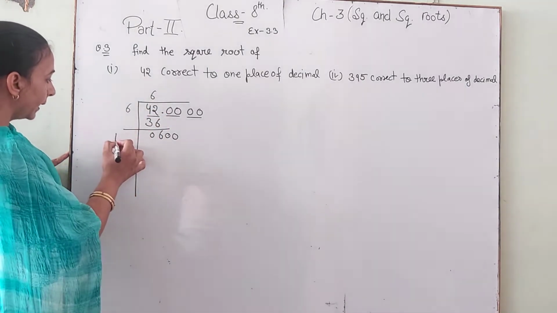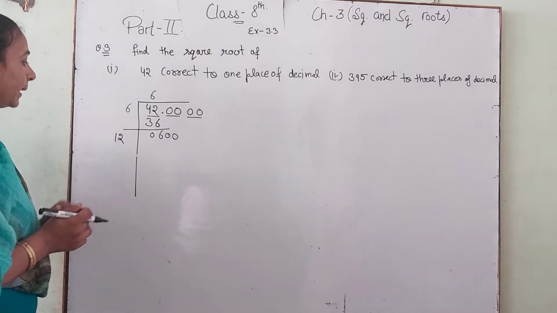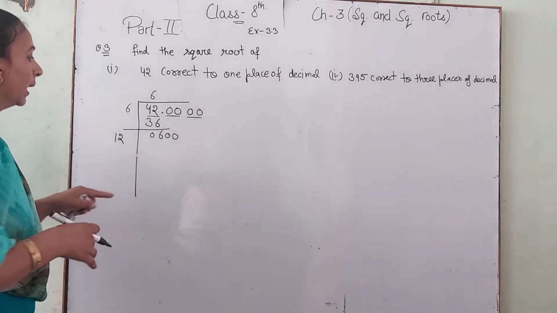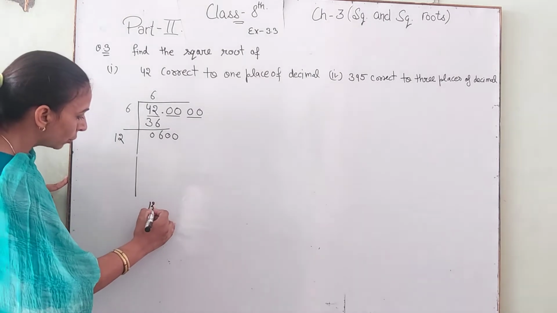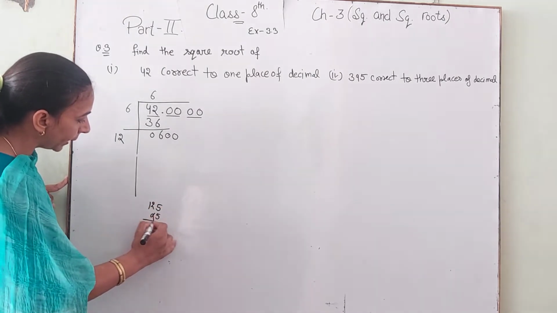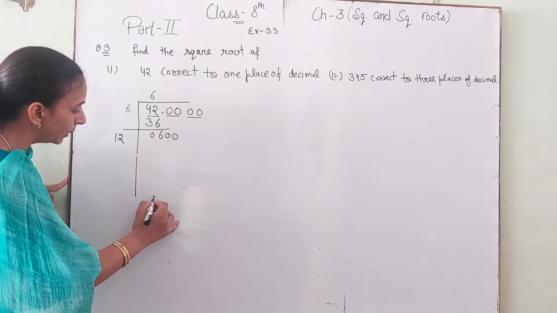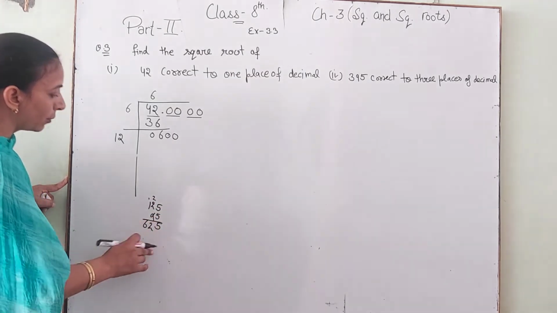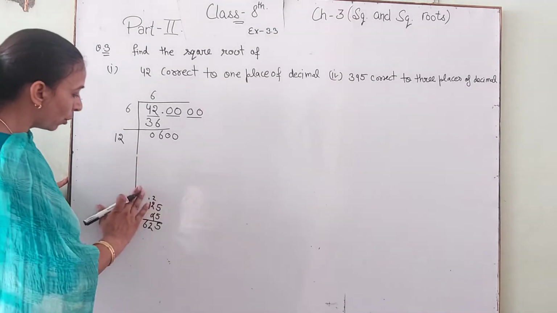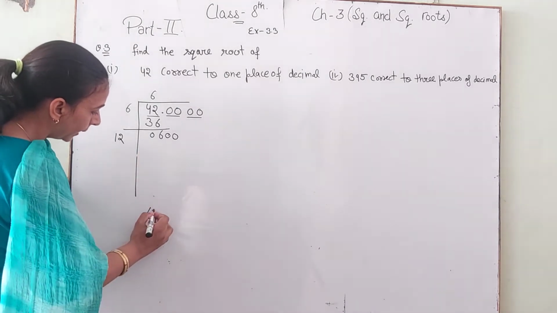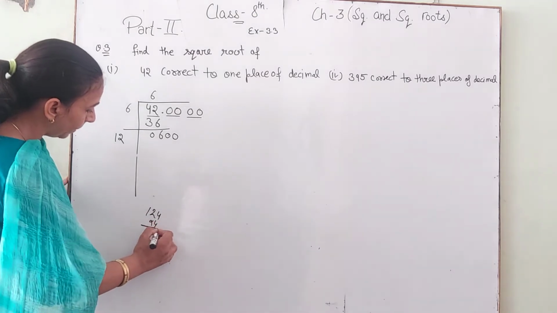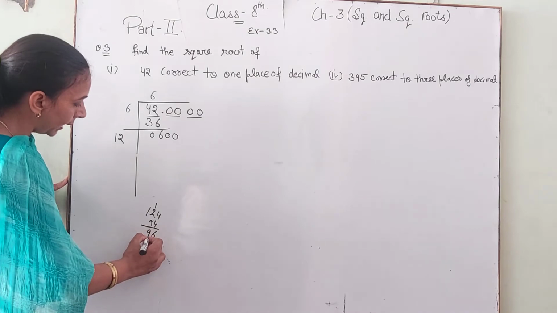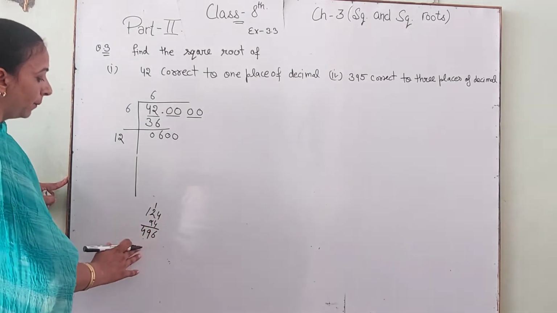Next, double of 6 is 12. Next, if we take 1, then multiply with 1, 2, then multiply with 2. Now for finding 125, multiply with 5: 25, then 250... but this is greater, so we take 124, multiply with 4. 4 4s are 16, 496.